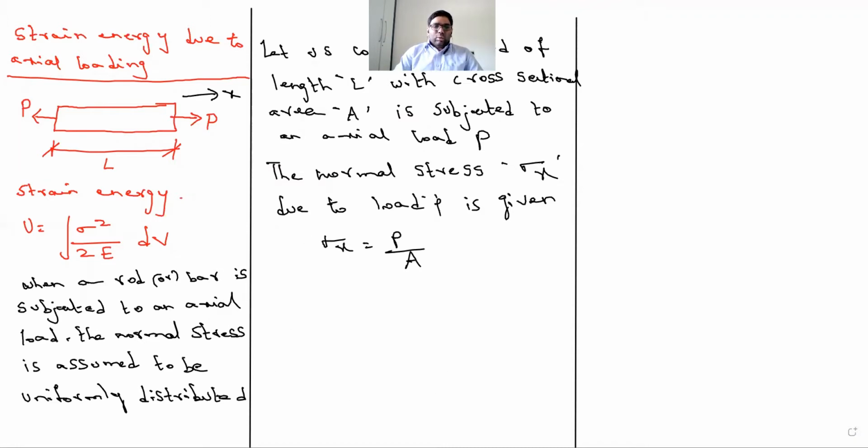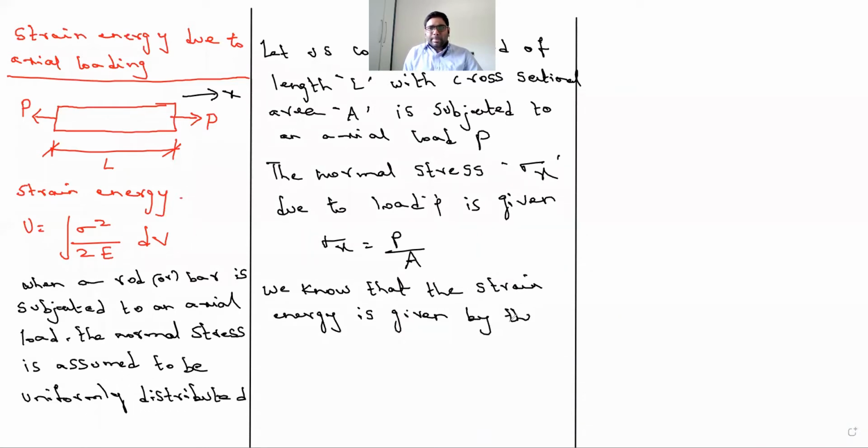Now we know that the strain energy is given by the expression U is equal to integral sigma square by 2E into dV. Okay.